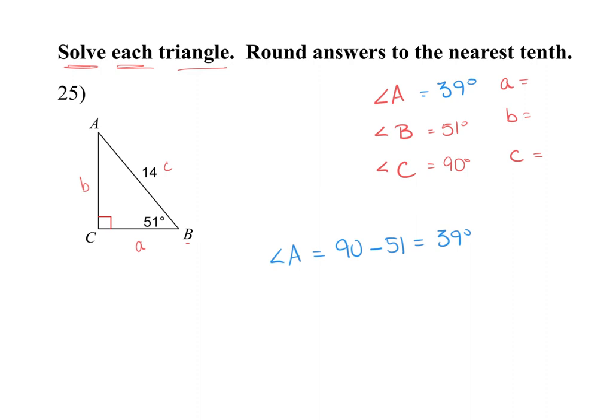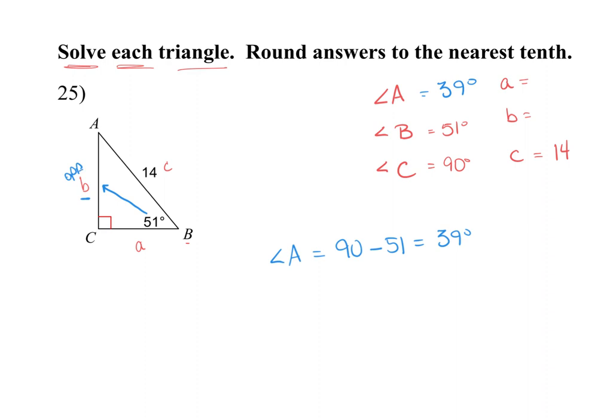They gave me one of my sides. They gave me the hypotenuse side. I do have to use trig to figure out the other sides. You can do whatever you want. You can use sine, cosine, or tangent. It doesn't really matter. So if I want to solve, let's say, for B, then if I were to walk across here, B is opposite of 51 degrees, okay?